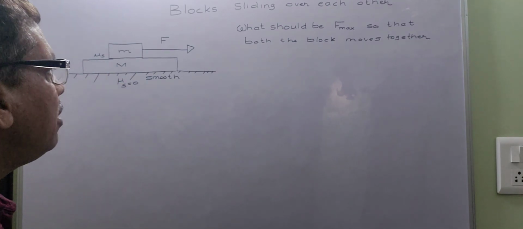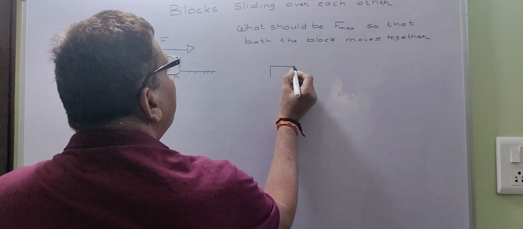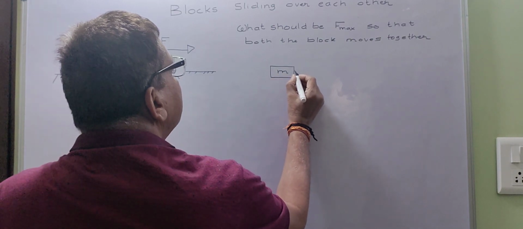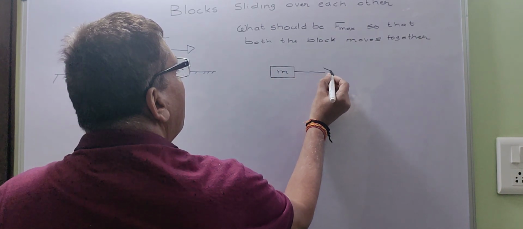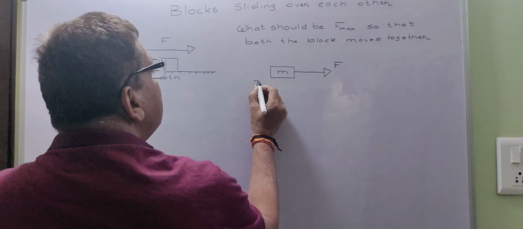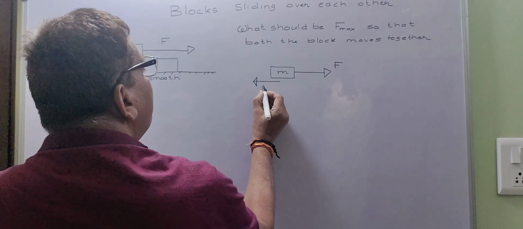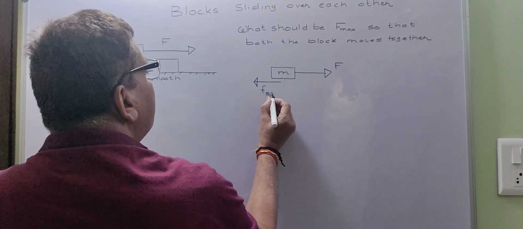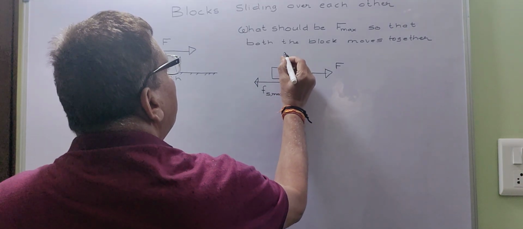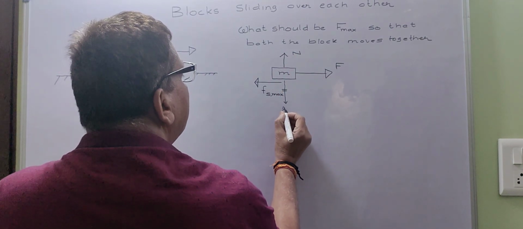Now if you see the free body diagram of the smaller block m, we will observe that the forces acting are: F, the applied force, acting in rightward direction, and there will be static friction acting between the lower block and the upper block, let us say Fs max, and we know the maximum value of this static friction is mu s times normal reaction, and the weight will be acting in downward direction, that is mg.